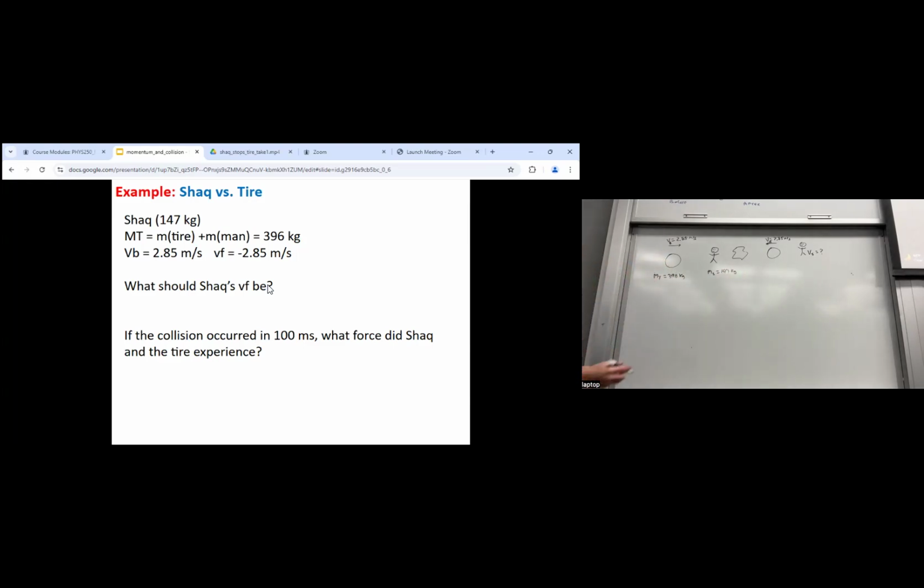And now we repeat the same problem. We have mass of the tire, velocity before, plus mass of Shaq, velocity of Shaq before, equals mass of the tire, velocity of the tire after, plus mass of Shaq, velocity of Shaq, right? We apply our same equation to this problem. So we plug in a bunch of numbers.